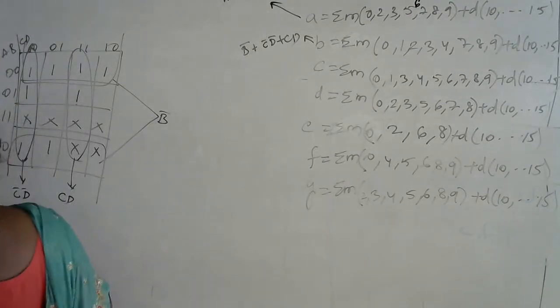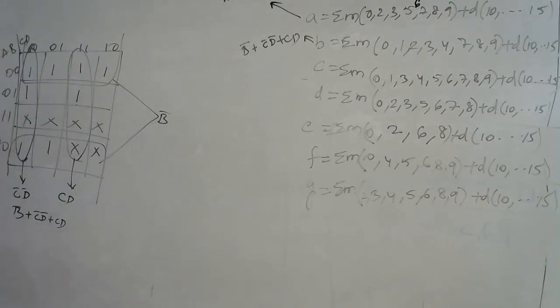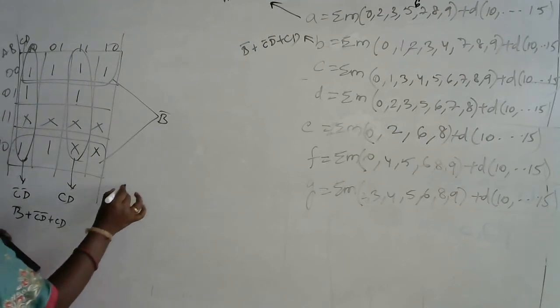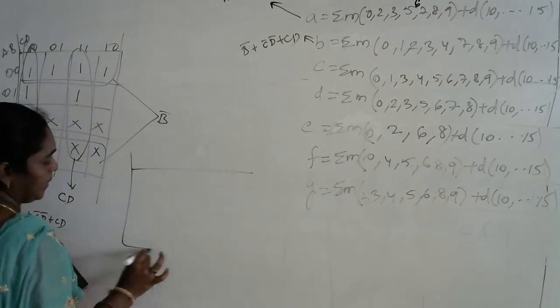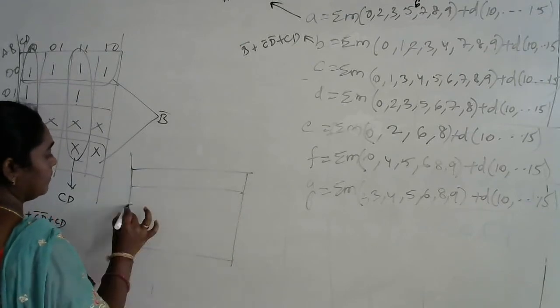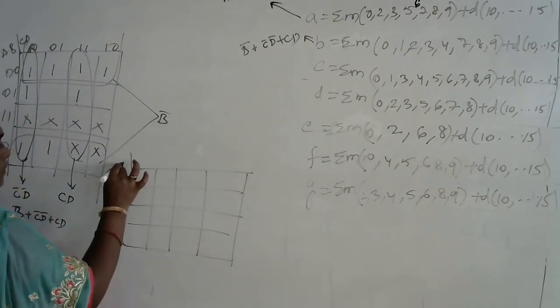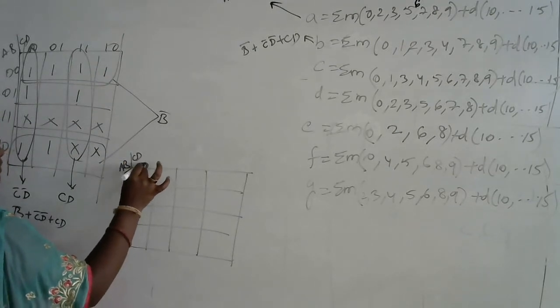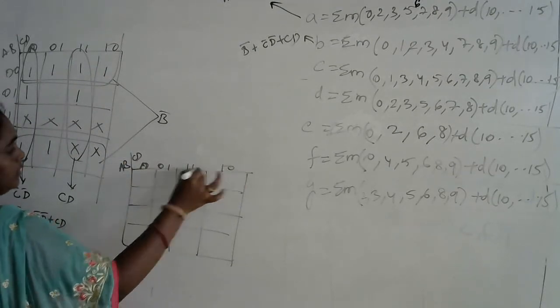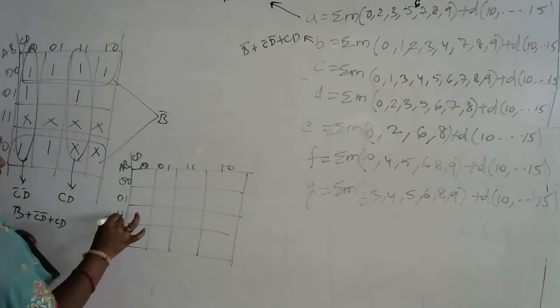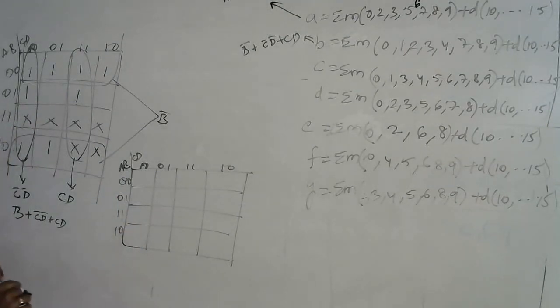Similarly, the third one, which is nothing but C. For C, I am drawing over here the K-map for C. A, B, C, D, Gray code equivalence. So as I told you, the K-map will be one step for the remaining.